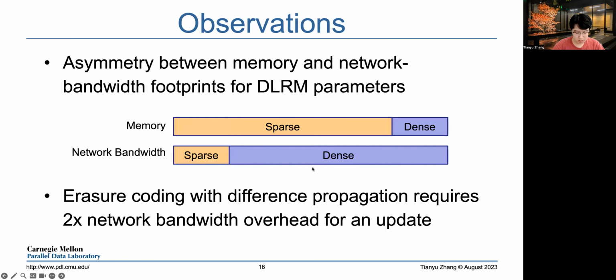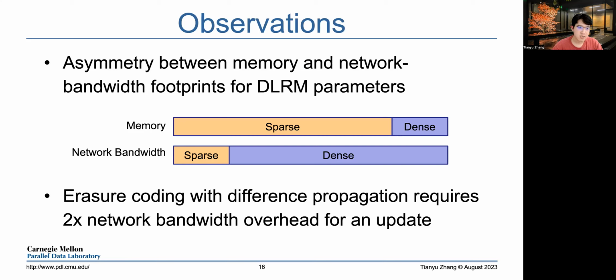So that is pretty much about the strategies for the sparse parameters. For dense parameters, before we go into that, there are some observations that we want to make first. The first thing is that there's this asymmetry between memory and network bandwidth footprints for DLRM parameters. On the memory side, the sparse parameters take up the most space in memory.